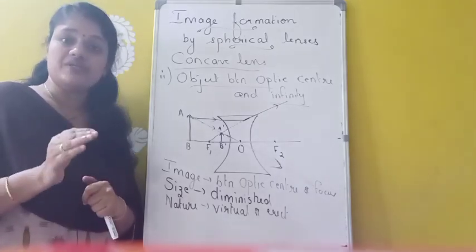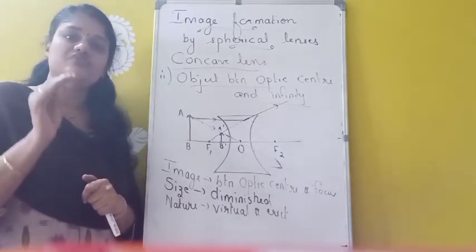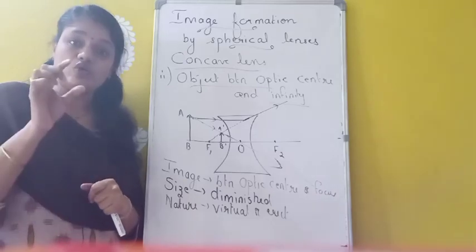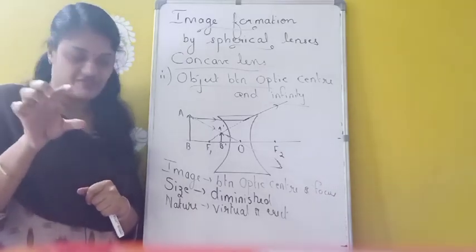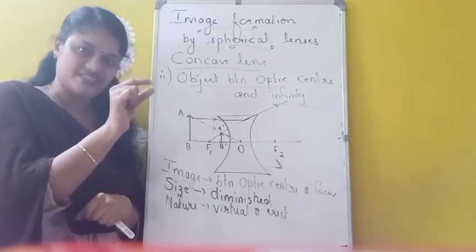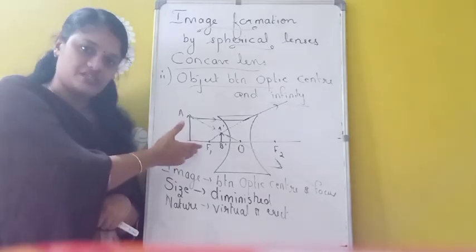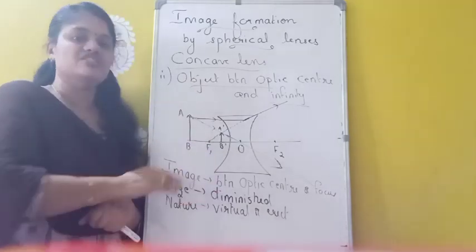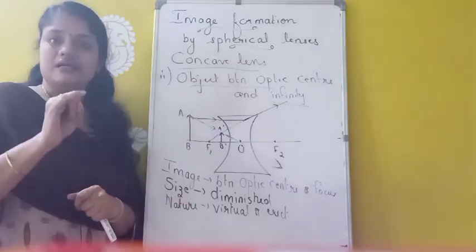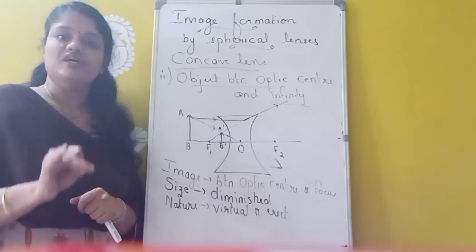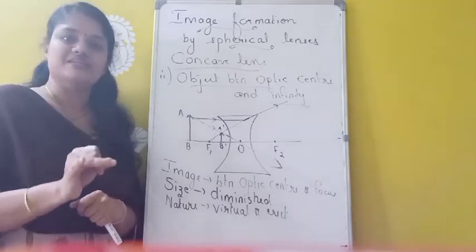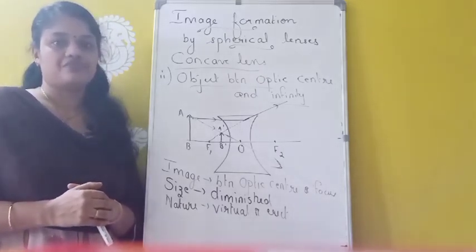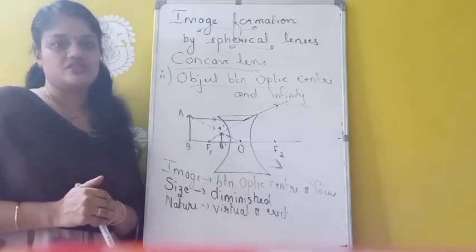So in the case of concave lens, always it forms virtual and erect image. And also size of the image is diminished. When the object is at infinity, the image is point sized. And here also, when the object is between optic center and infinity, at that time also we are getting which one? Diminished image. So always we are getting diminished as well as virtual erect image in the case of which lens? Concave lens. Okay. So remaining portions in the next video.